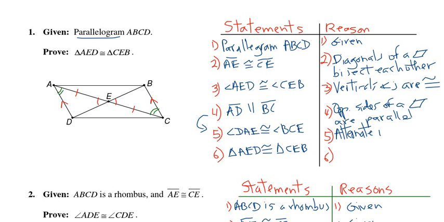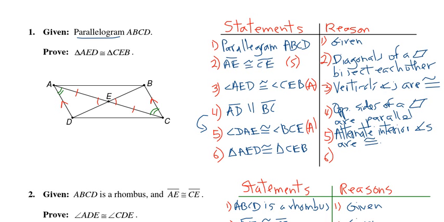Alternate interior angles are congruent. And since now we have, this was a side, this is one pair of angles, and this is the other pair of angles.